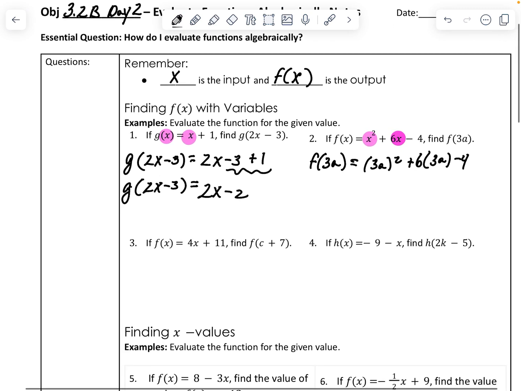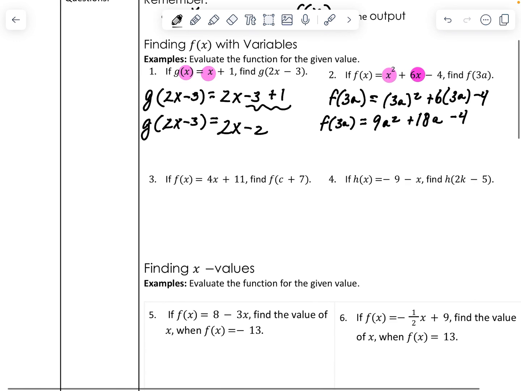Then I would need to simplify. So f of 3a equals, well, what's 3a squared? It would be 9a squared, 6 times 3 is plus 18a minus 4. And I can't simplify this any further because I can't combine an a squared with an a.